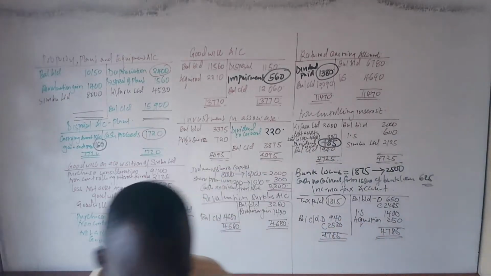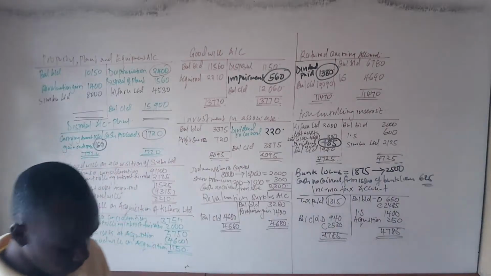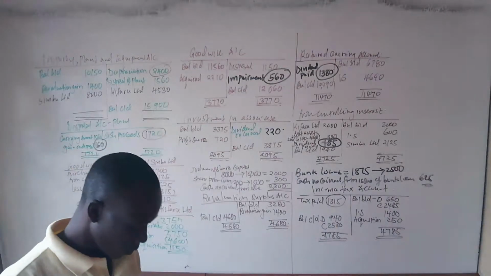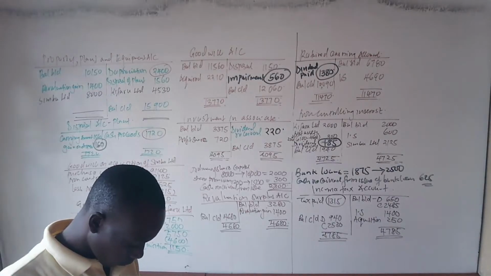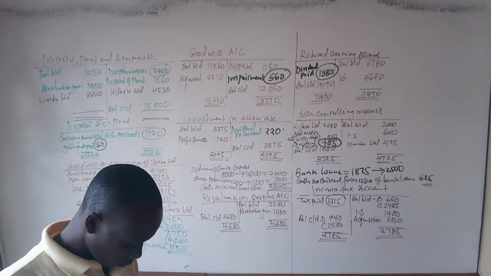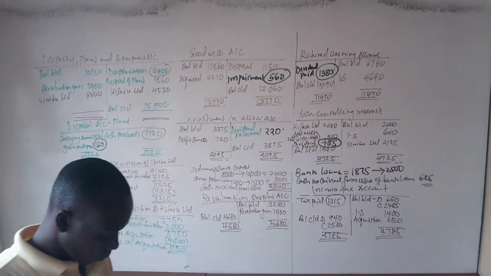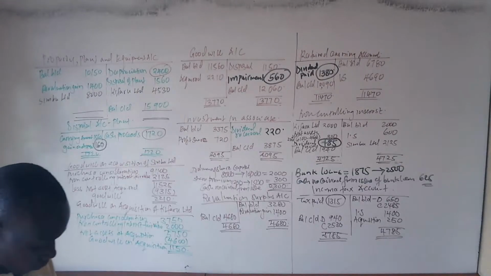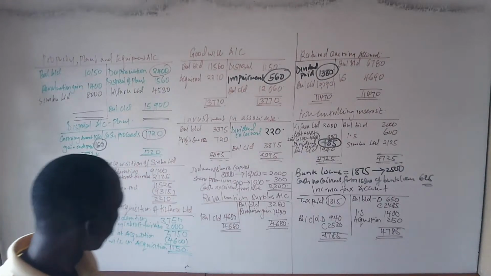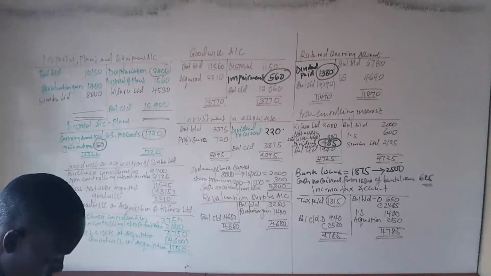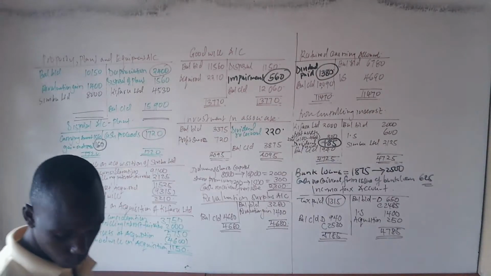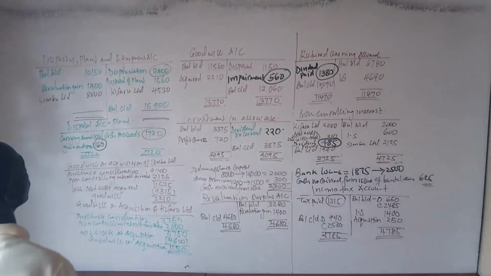Balancing, yes, balance very fast. Earlier, 2400. It's 1516 plus 4530 plus 15900. The total is 24,390.